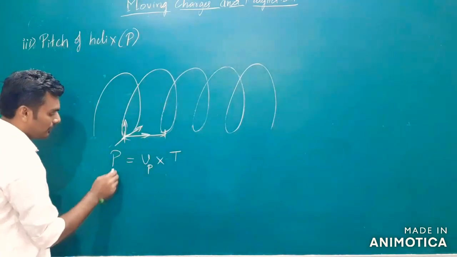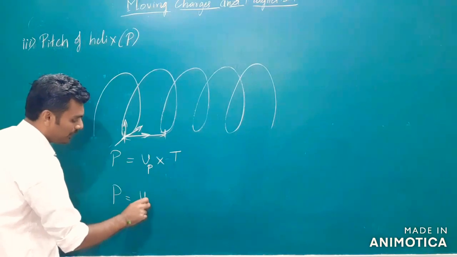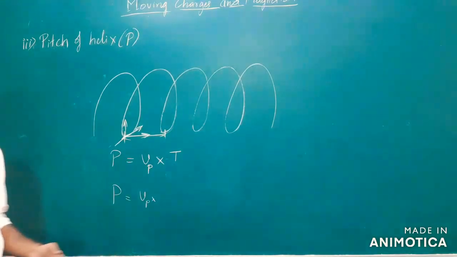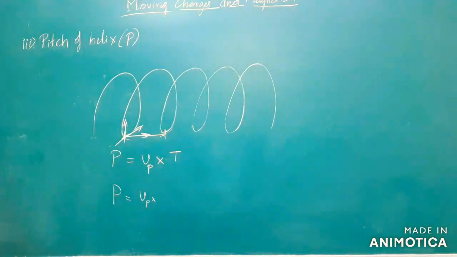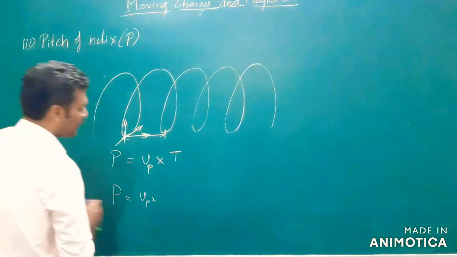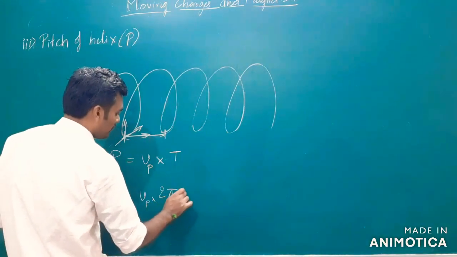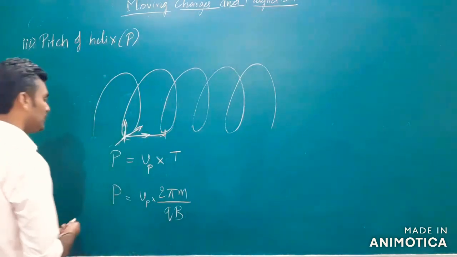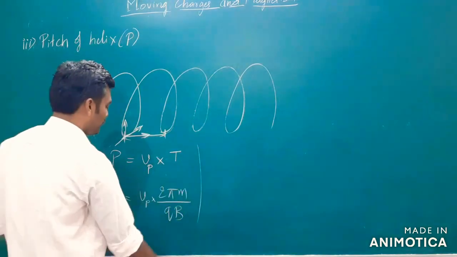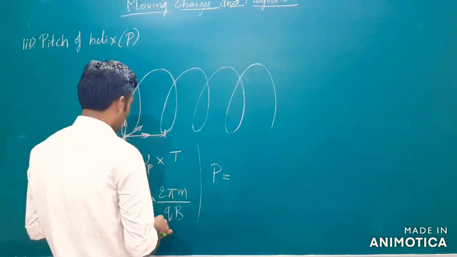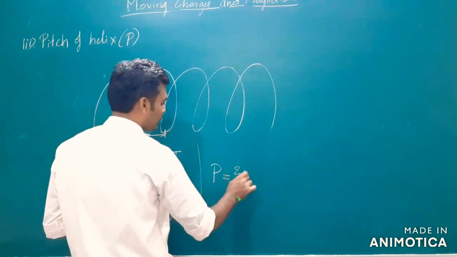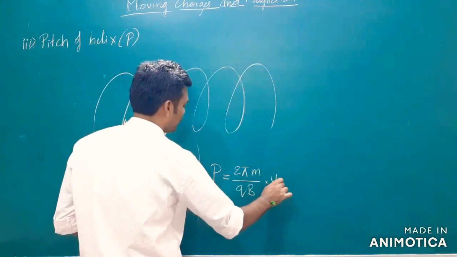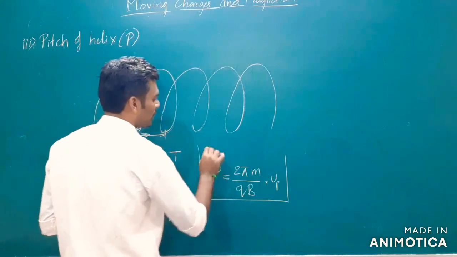So now P becomes equal to Vp into the expression for T that we obtained just now using the derivation. The expression for T that we obtained is 2 pi m by qB. So this is the expression for pitch of helix, which is given by 2 pi m by qB into Vp, where Vp is the horizontal component of velocity.